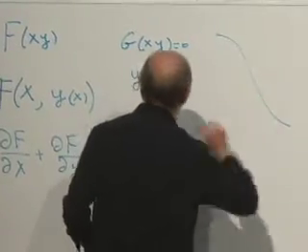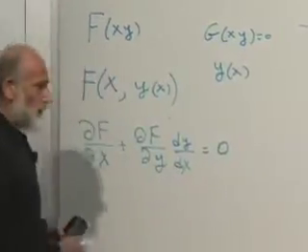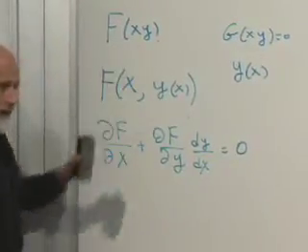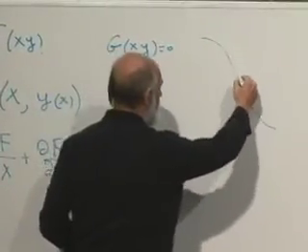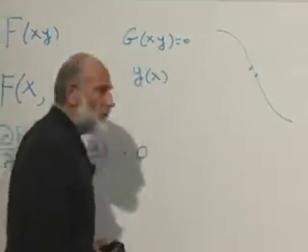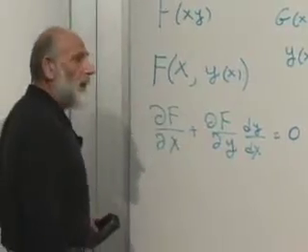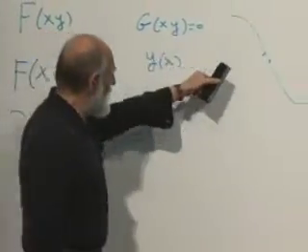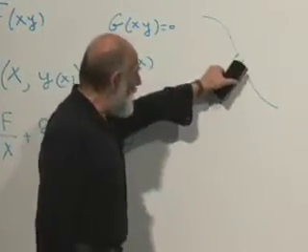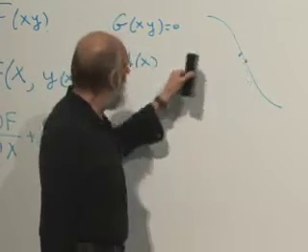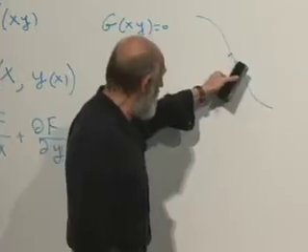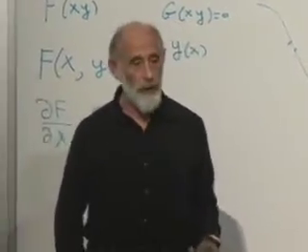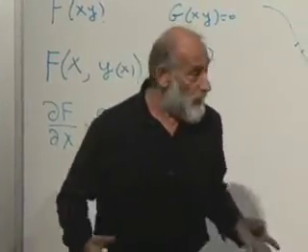This curve here is a curve of constant g. Let's imagine moving along it and making a small differential displacement. A small differential displacement along the curve of constant g will not change g. By definition, if we're moving along the curve of constant g, then g doesn't change.